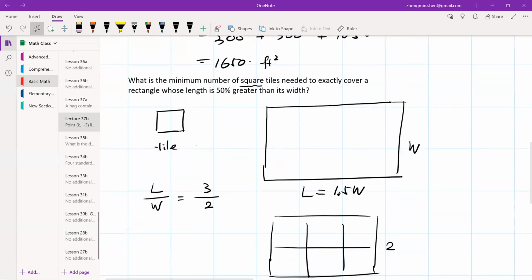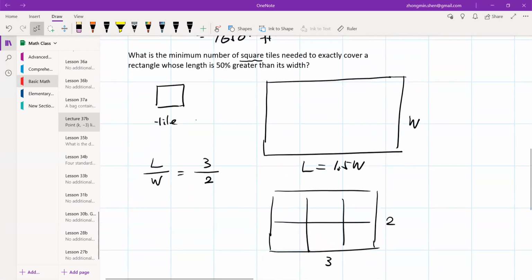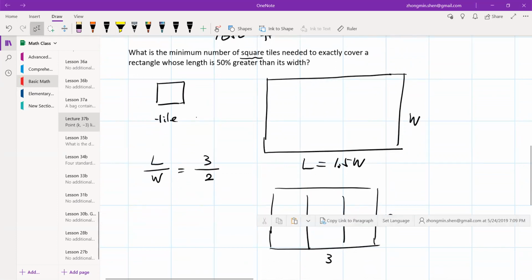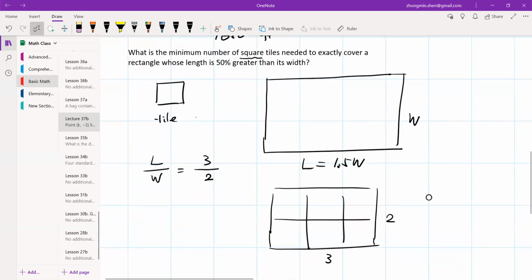So we answer the question: what is the minimum number of square tiles needed to exactly cover a rectangle? I think this question is not stated in the best way. It's kind of misleading. The rectangle is already fixed, but actually the rectangle is not fixed.